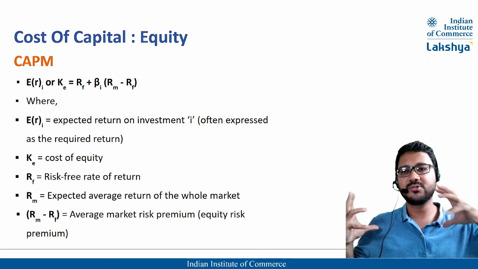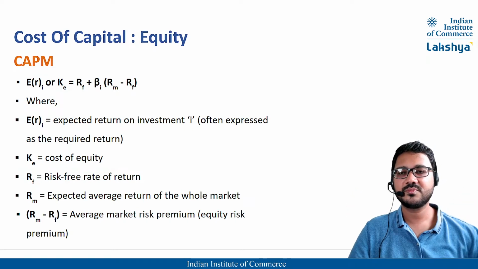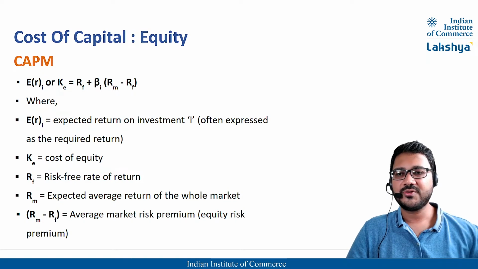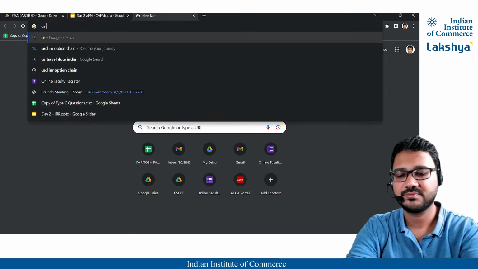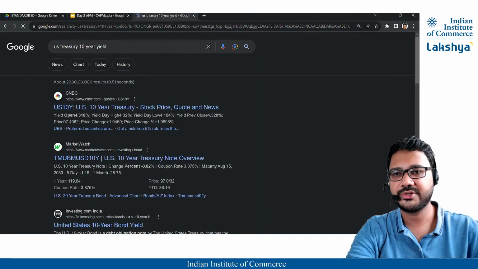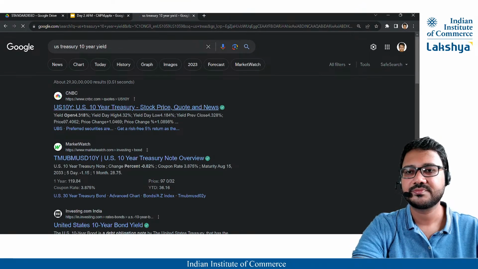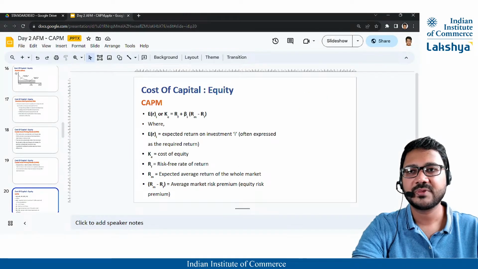For example, if you are investing in Tesla, you know that the risk-free rate of return is the US Treasury yield. Let's see how much the US Treasury 10-year yield is right now. It is 4.2%.